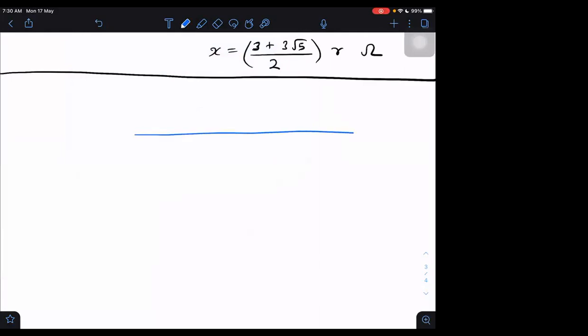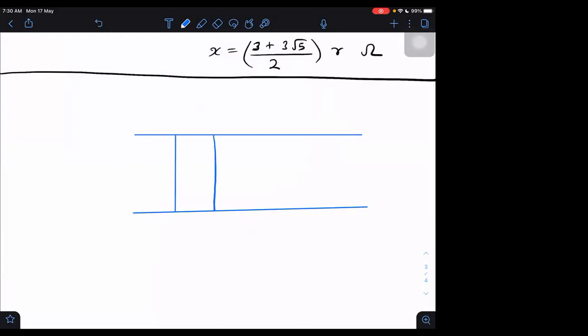I will start with R, 2R, 2R. Then 4R, 4R, 8R, 8R. Can we do it now?